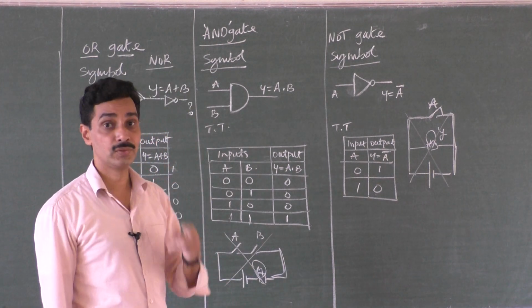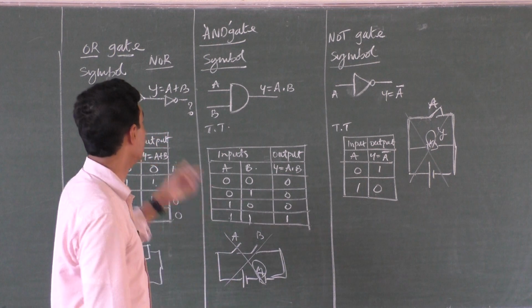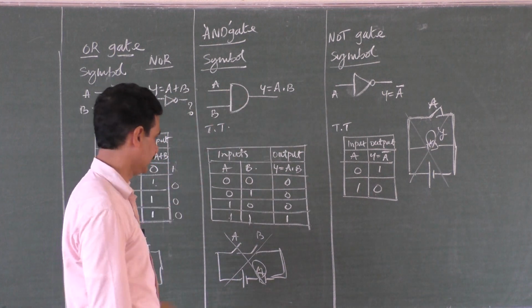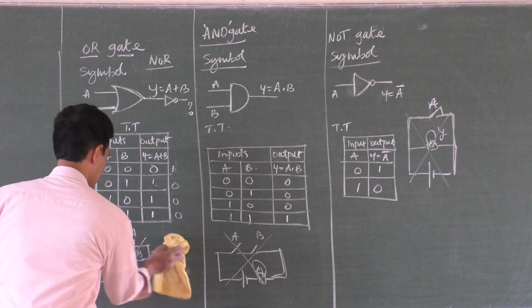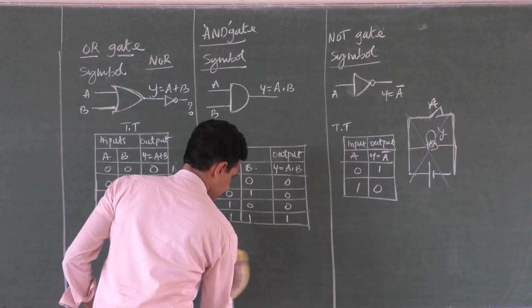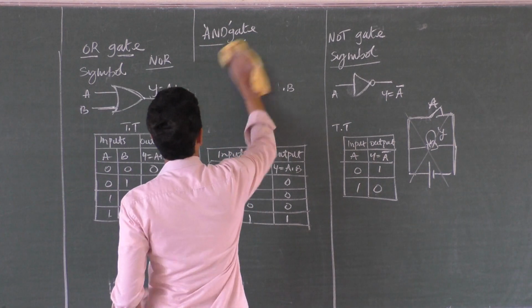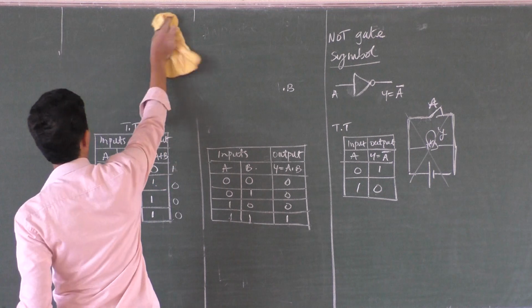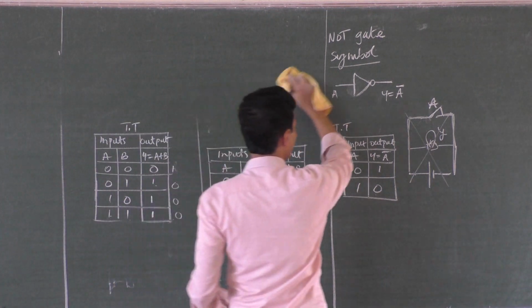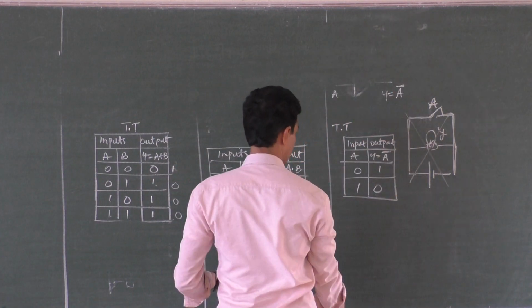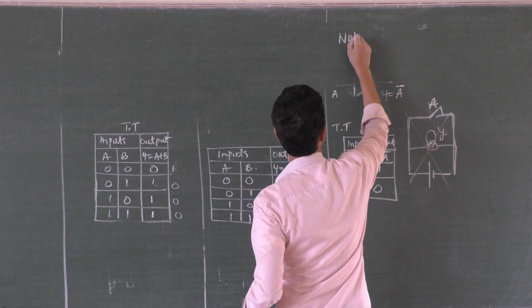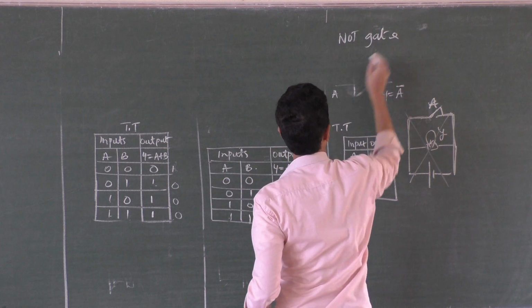So we will have two special gates called NOR gate and NAND gate. NAND and NOR gates are called universal gates. Very important gates they are. NOT gate, that is needed.